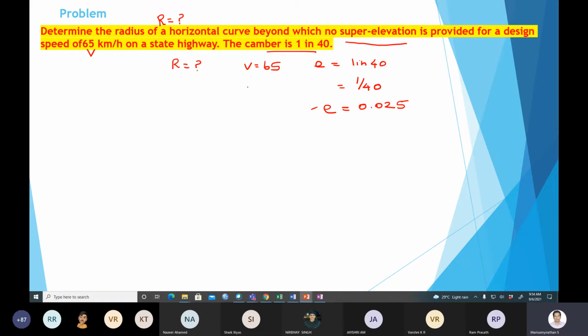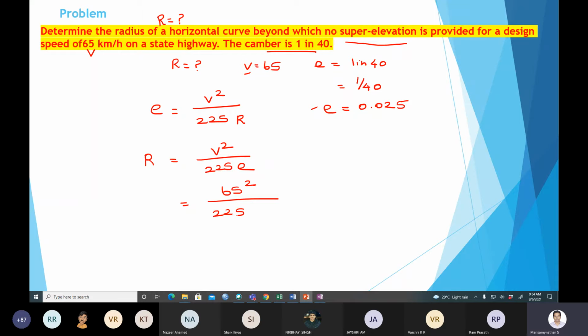So you know the E value and V value, and you have to estimate the R value. You know the equation E is equal to V squared divided by 225 into R. Bring R to the other side, so R equals V squared divided by 225 into E. Then apply speed 65 squared, 225 into E, where E is 0.025.